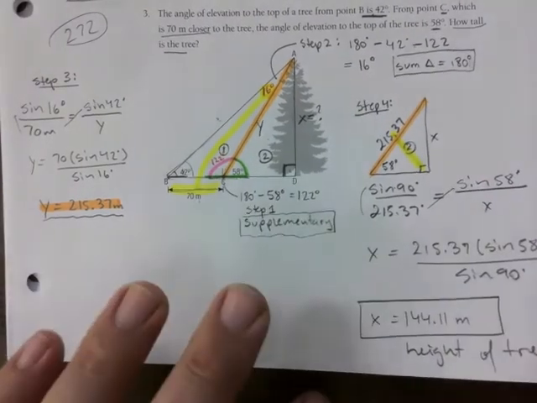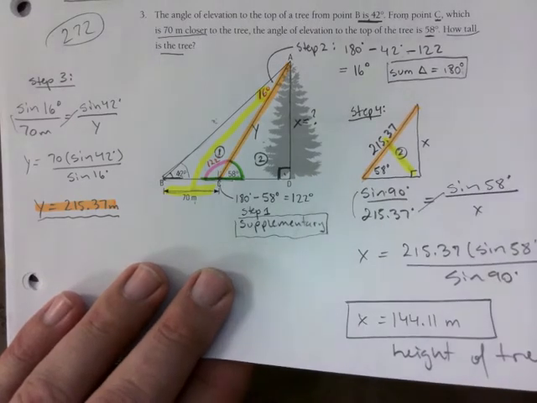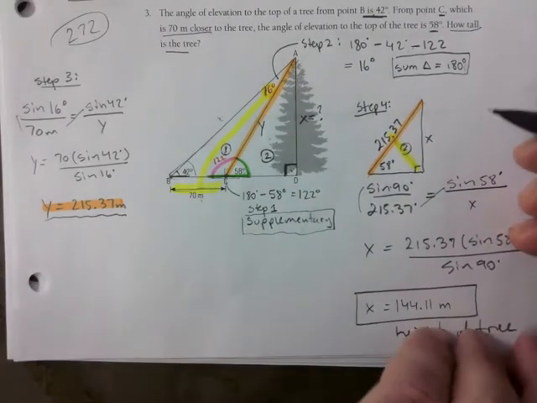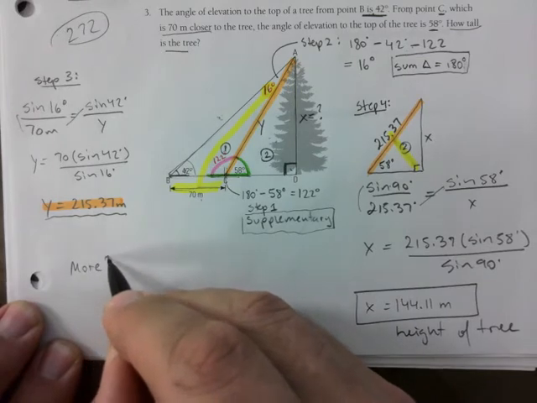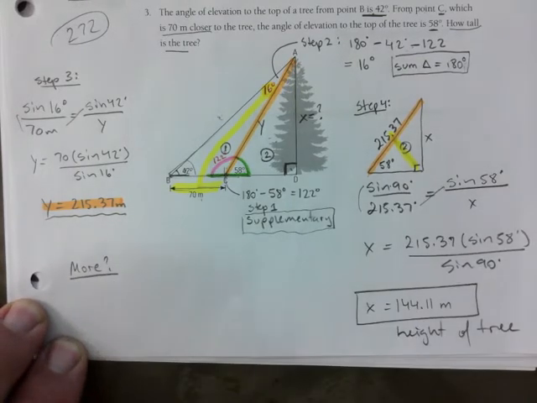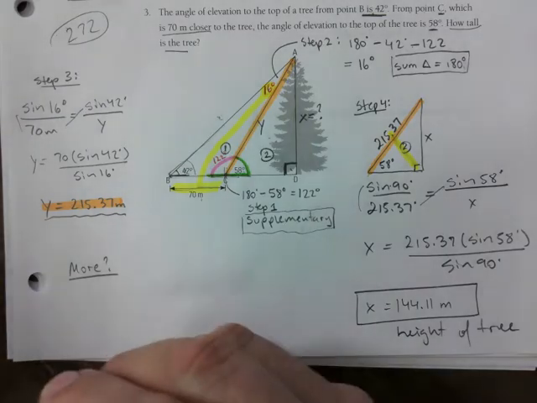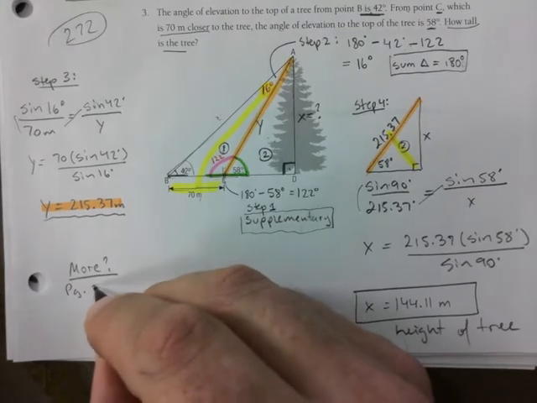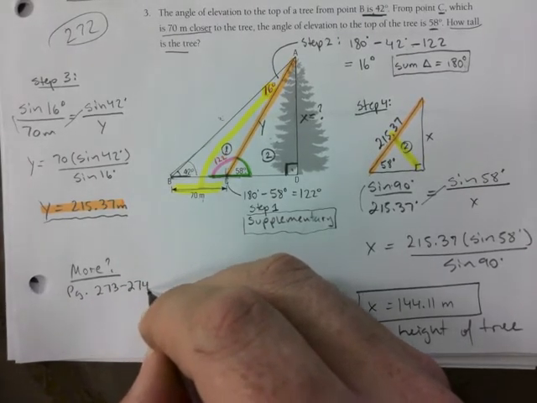Okay, so I want you to try it. Next page, I want you to try one of these. But actually before, I will tell you the pages that you can find these in, okay? So write down at the corner here, more. Do you want more? Not really. But here it is anyways. Write this down. Page 273 to 274.